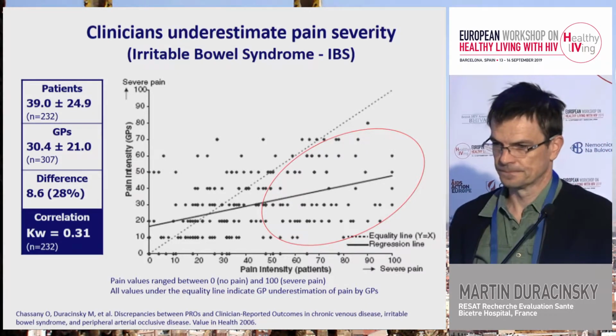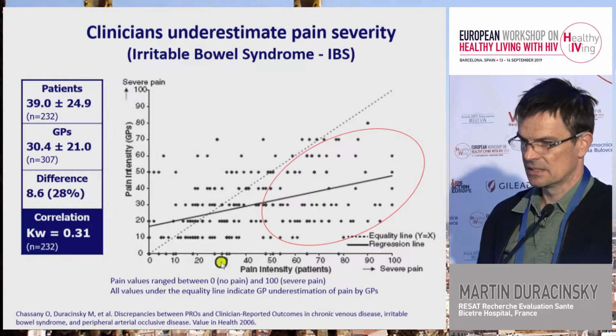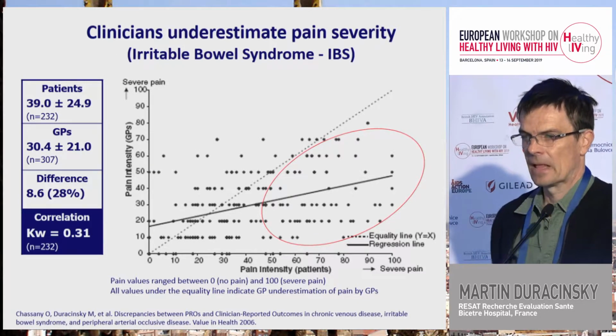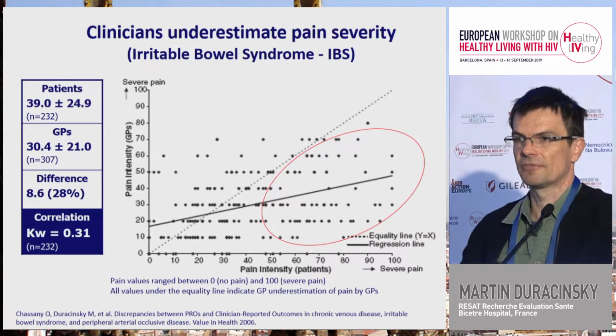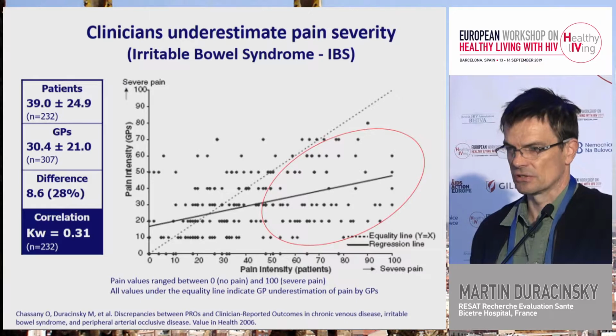There was pain intensity evaluated by the patient here, and pain intensity estimated by general practitioners after seeing the patient. So ideally, we would have this line, the perfect correlation. However, the real life situation is like this.